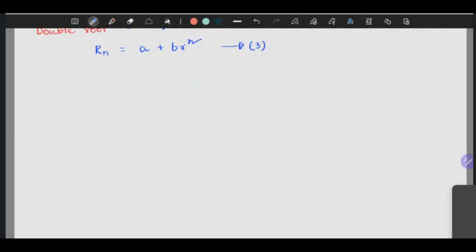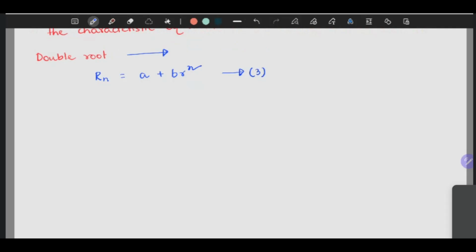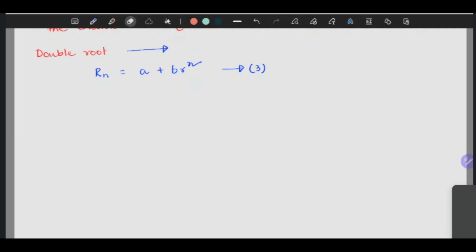Now for the double root case, when it is the same double root, that case becomes a plus b n into 1 to the power n.